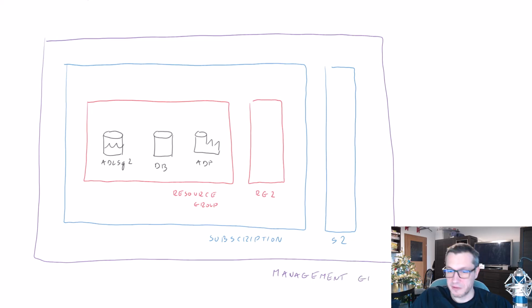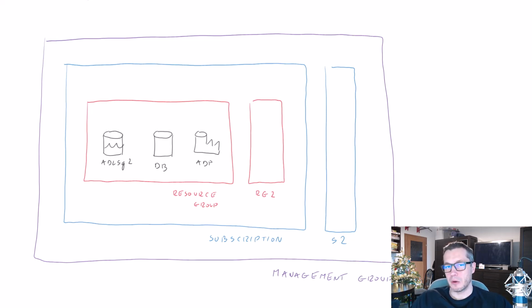And we can have up to 5 levels inside the management group. But you can already see that we've got a hierarchy. So a resource is a part of a resource group. A resource group is a part of a subscription, and a subscription is a part of a management group.